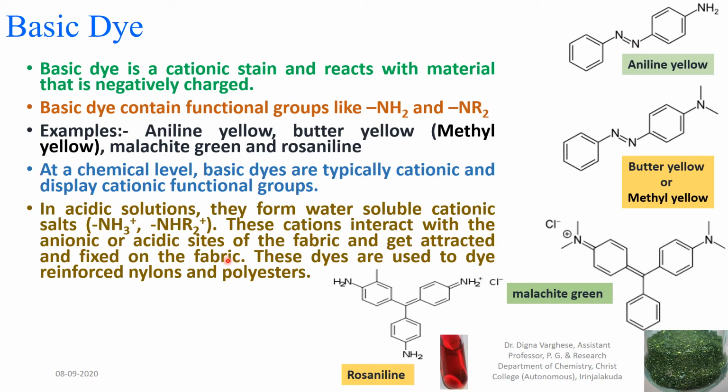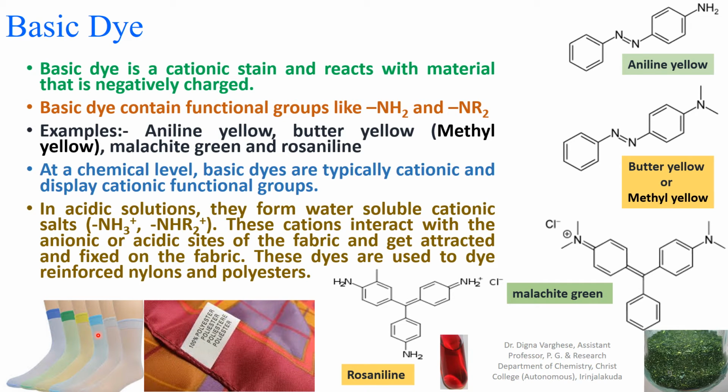That is the chemistry behind the dye. These dyes are used to dye reinforced nylons, as we can see in the figure, and polyesters. Polyesters are also dyed by basic dye.